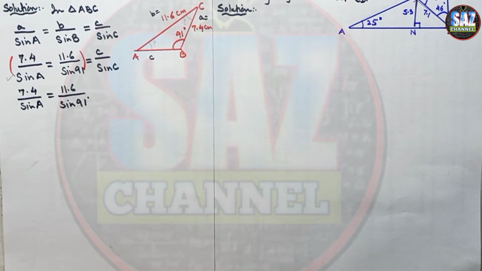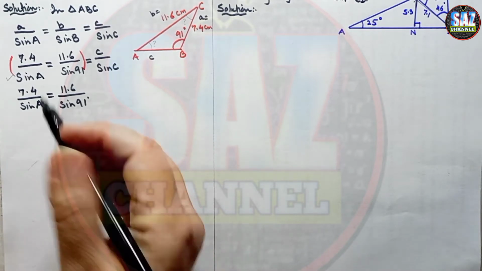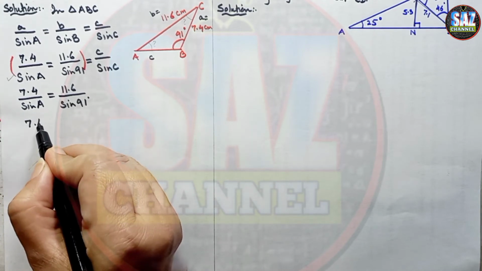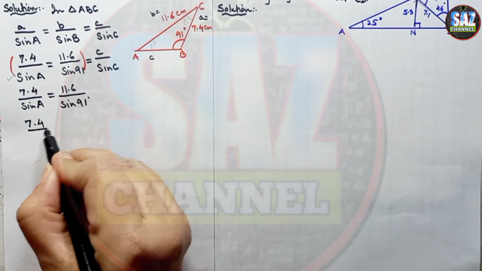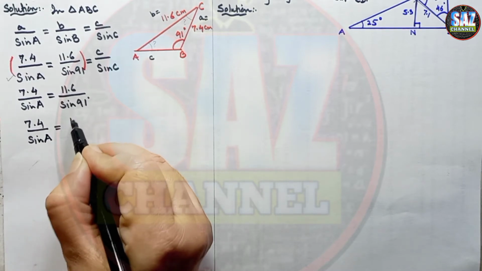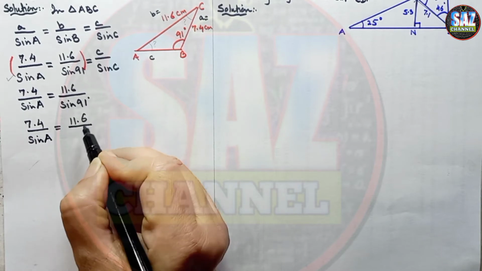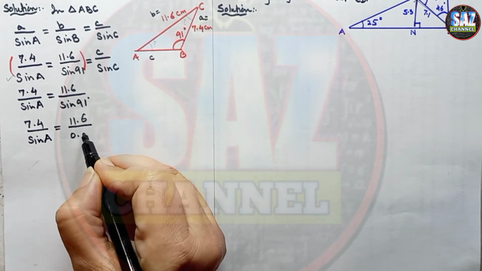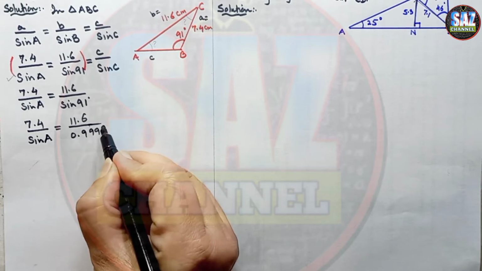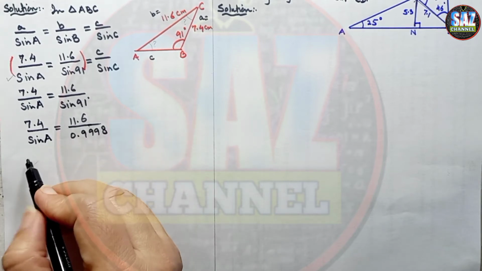Sine 91 is 0.9998. So 7.4 upon sine of A equals 11.6 into 0.99998, and now go for cross multiplication.